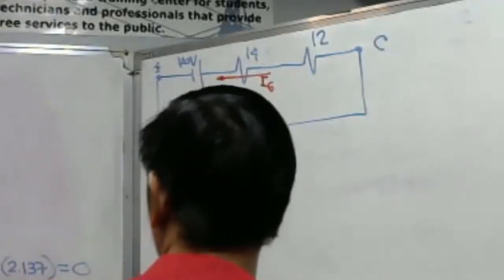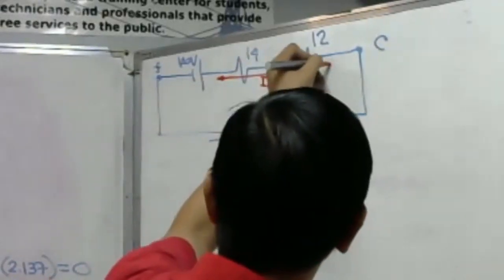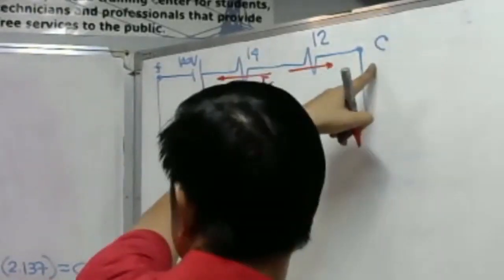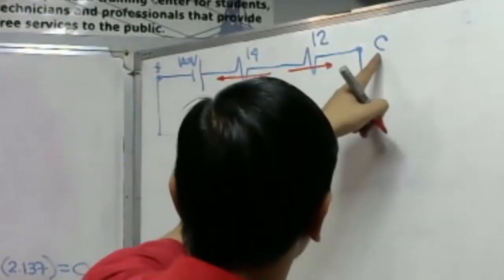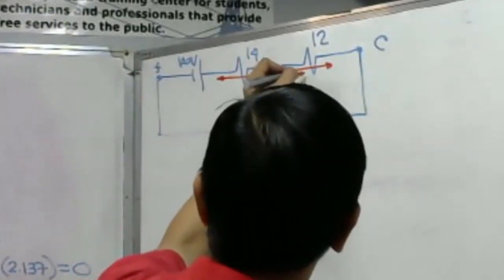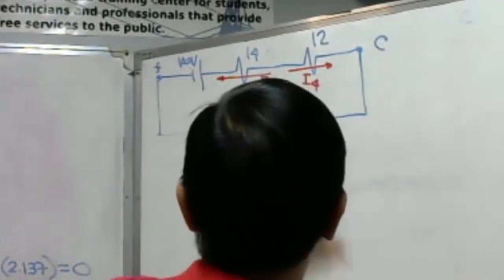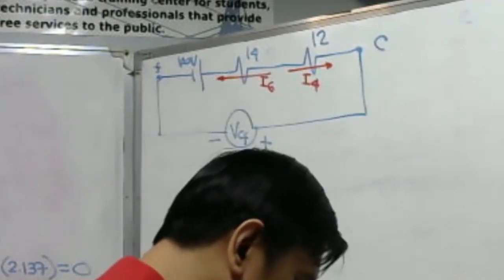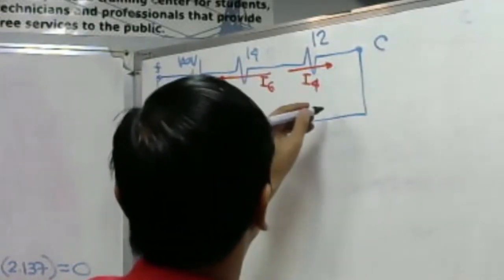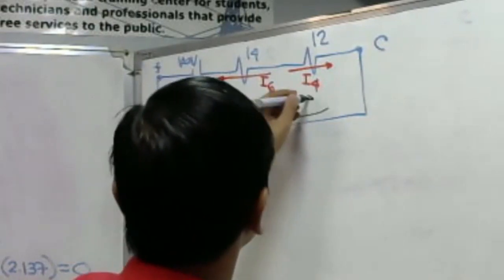We have I sub 4 pointing at point C, going to point C. So make this I sub 4. Then let us have the circuit tracing. This is the circuit tracing, guys.